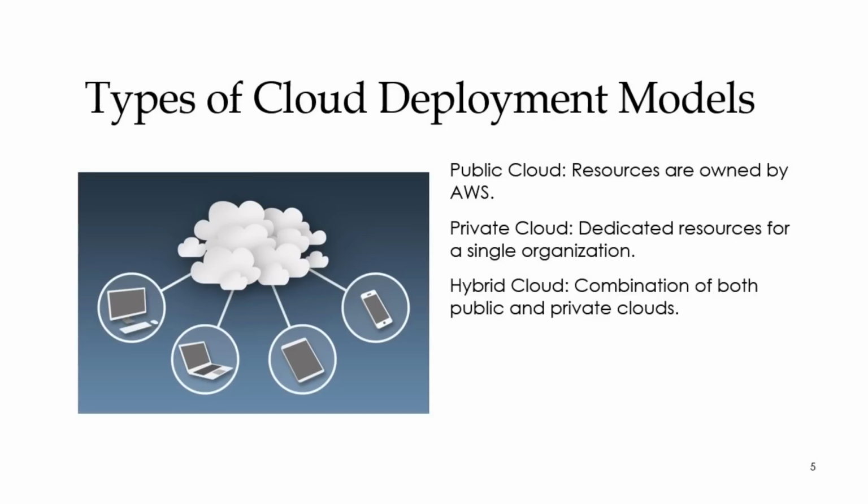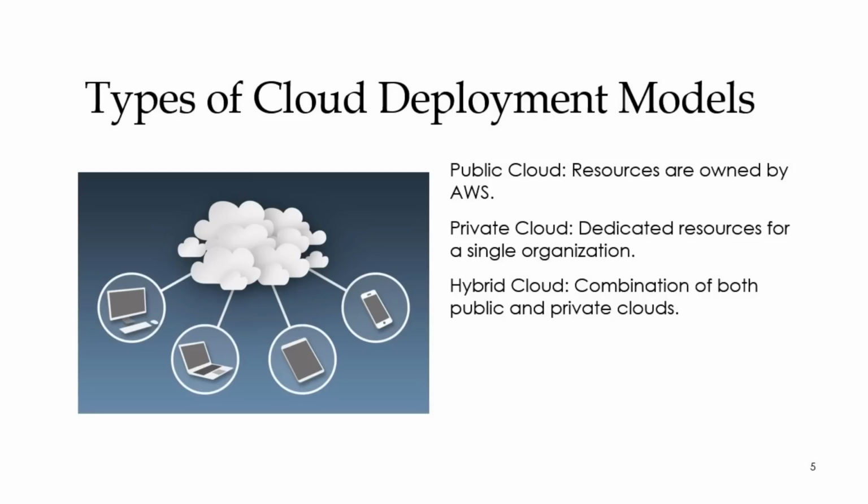The most common deployment model is the public cloud, where you leverage AWS's shared infrastructure to host your applications and data. This model offers the greatest flexibility, scalability, and cost effectiveness, as you only pay for the resources you use. It's like ordering pizza from a popular restaurant. You get your pizza quickly and efficiently, sharing the kitchen and delivery resources with other customers.